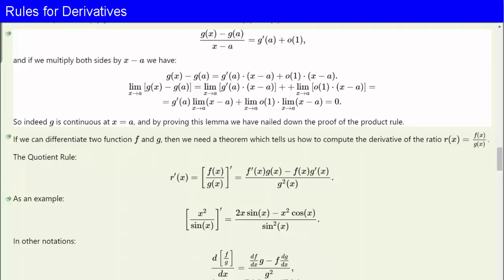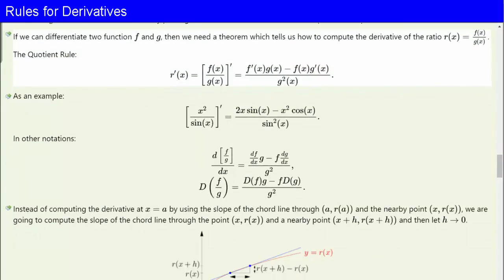The limit as x goes to a of g of x minus g of a is the limit as x goes to a of x minus a times g prime of a, factoring out the g prime of a, plus the limit as x goes to a of little o of 1 times the limit as x goes to a of x minus a. And everything in that sum goes to 0. So indeed, g is continuous at x equal a, and by proving this lemma, we have finally nailed down the proof of the product rule.